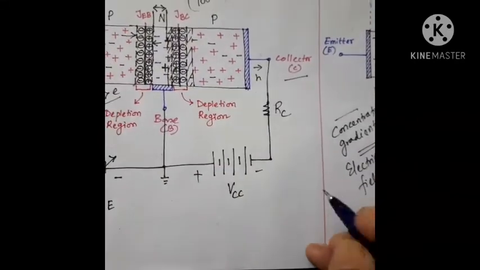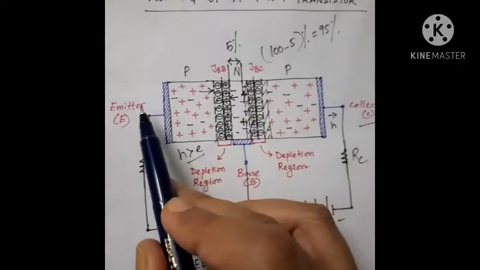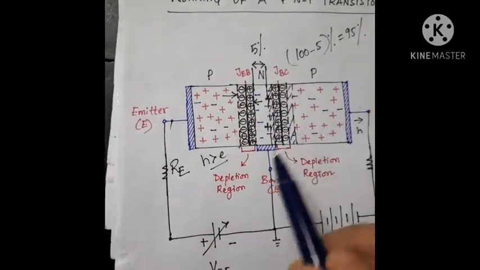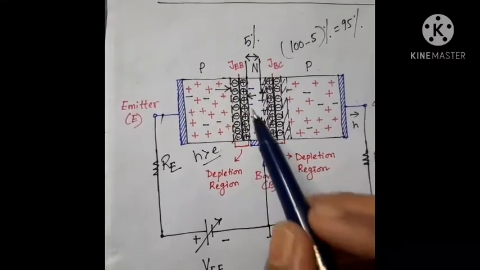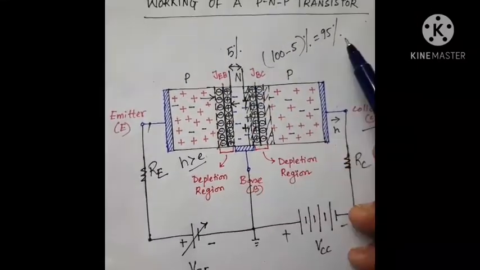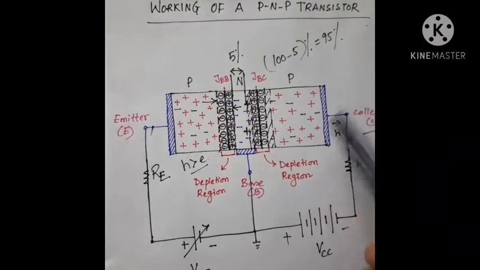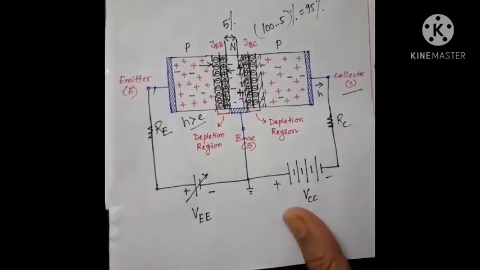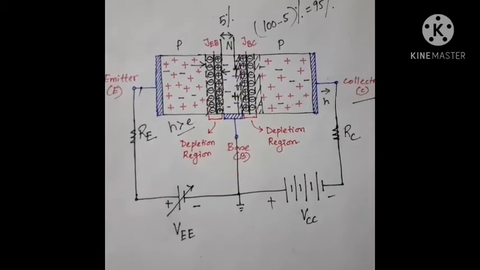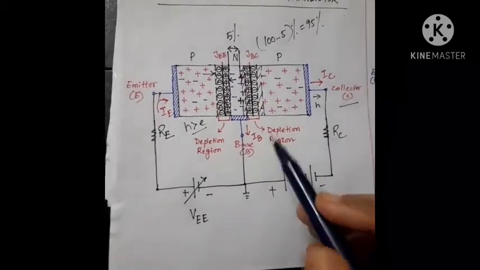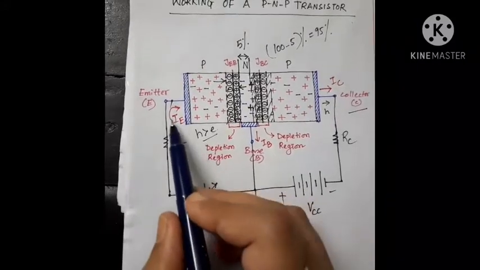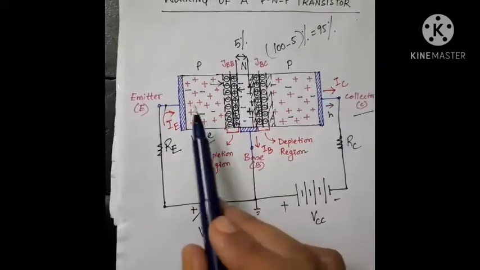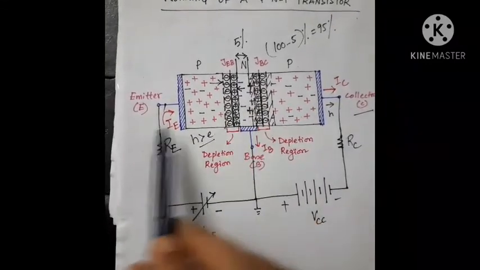So finally, as the name is emitter, the charges are emitted, they go into the base region, recombine there, a few percent get lost, and approximately 95% is collected in the collector region. So if we write the equation, here also we can write this current, the emitter current. As you know, the current flows in the direction of the hole flow.